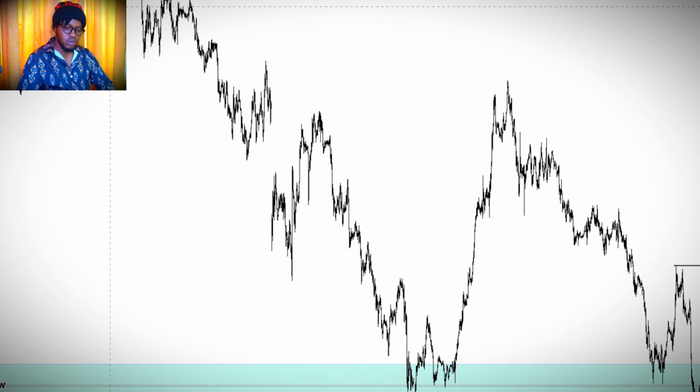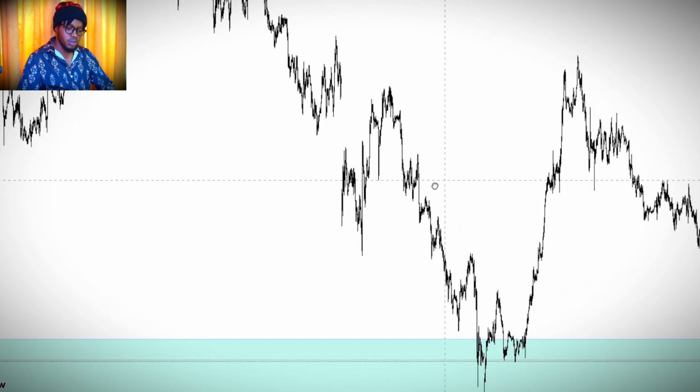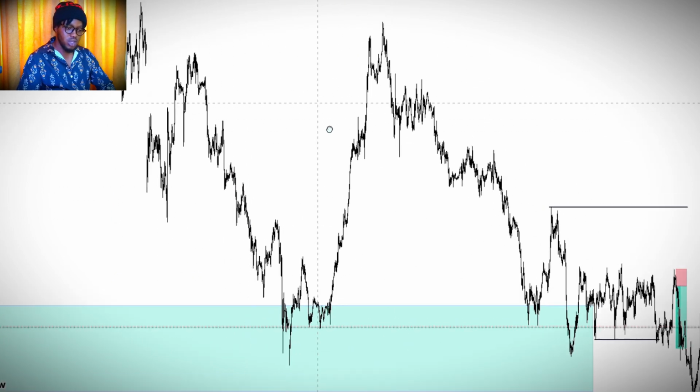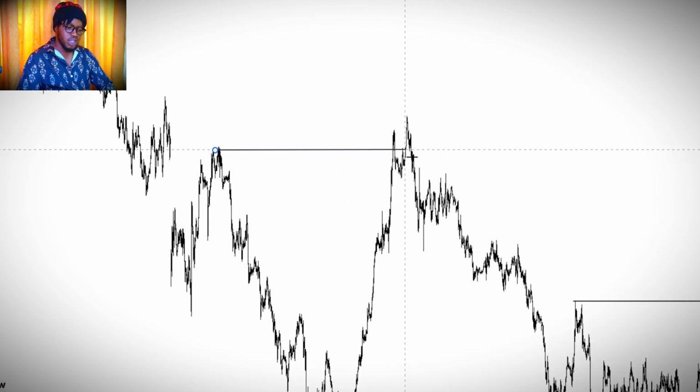Price was clearly bearish, and price pulled back to this supply zone here. After the pullback, price retraced and gave us a shift of structure.